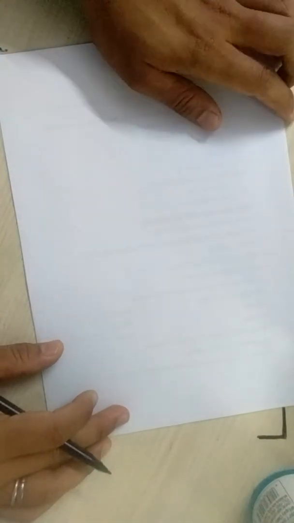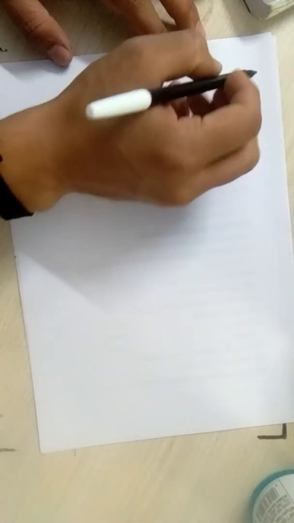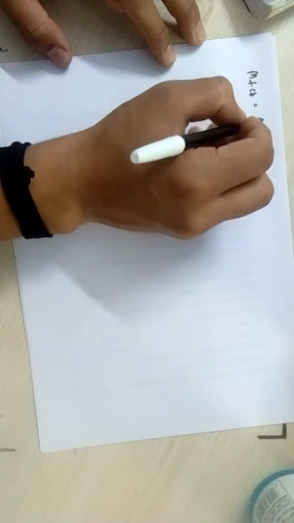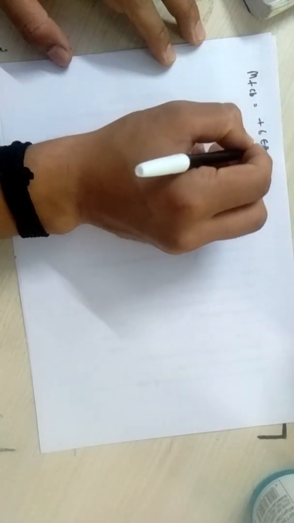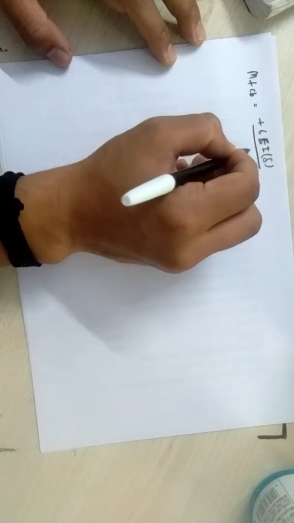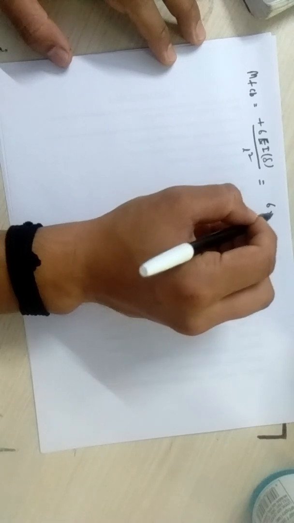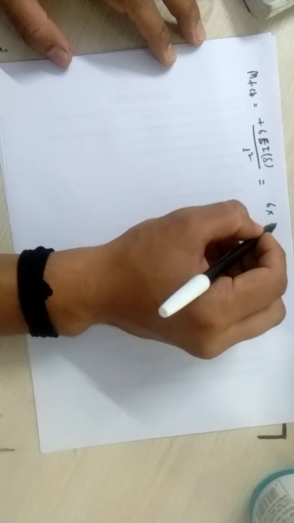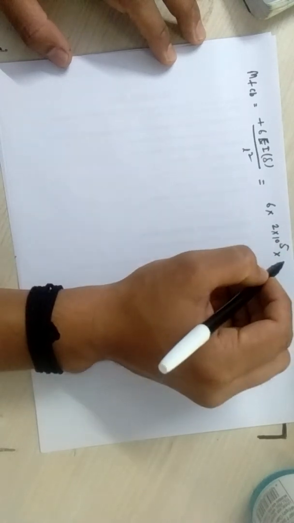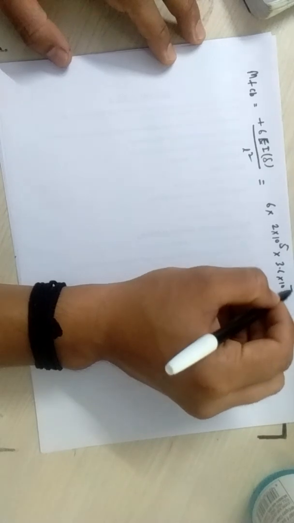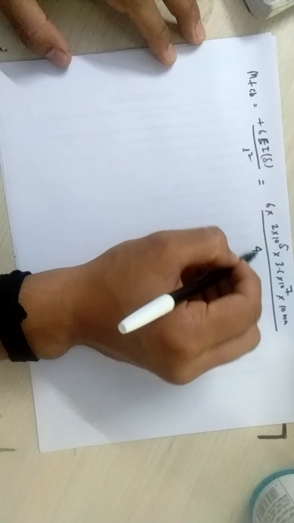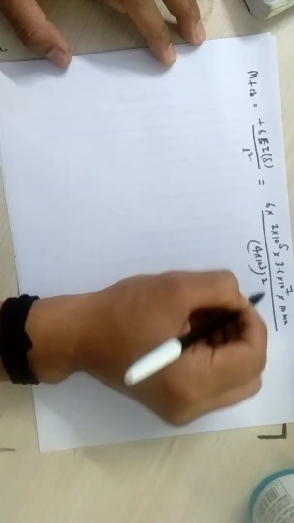Similarly, when we calculate MFCB, it will be plus 6 EI delta upon L square. 6, E is 2 into 10 to the power 5, I is 3.6 into 10 to the power 7, delta is 10 millimeter, and this will be 4 into 10 to the power 3 whole square.